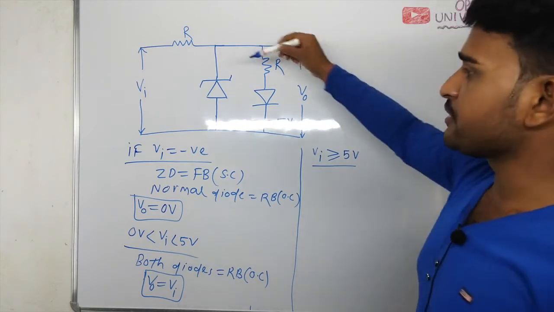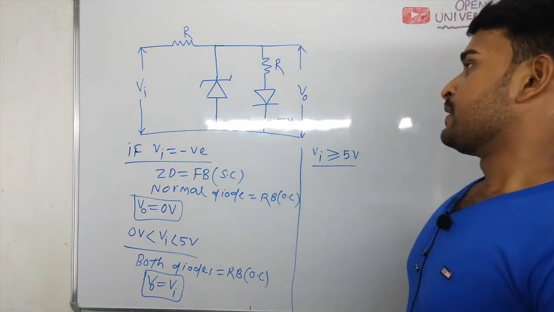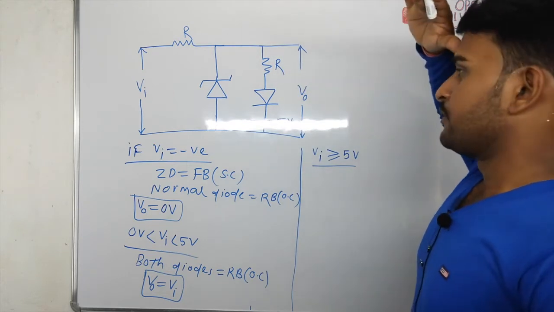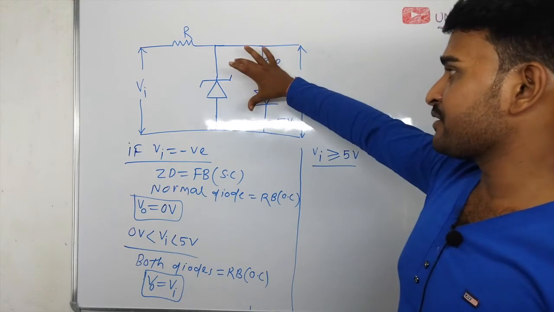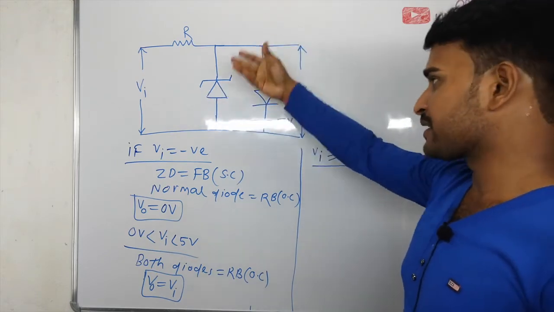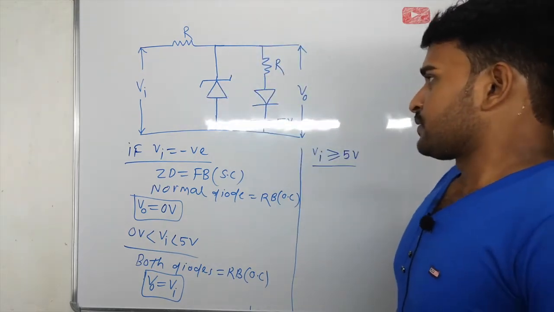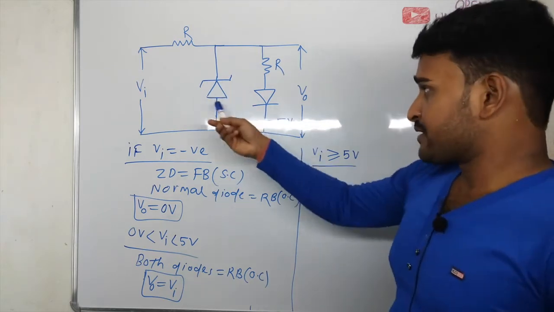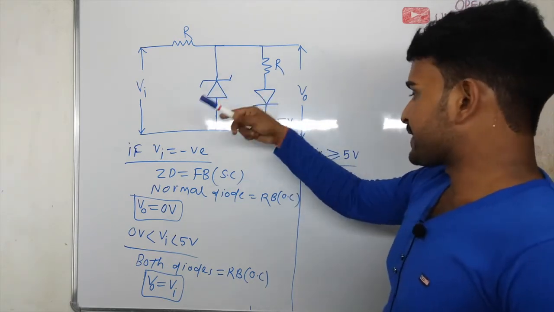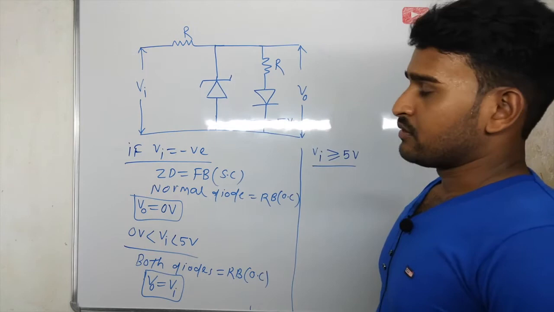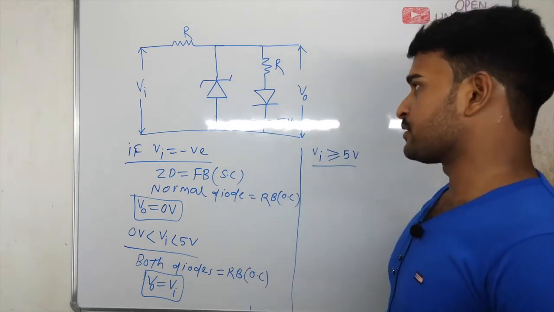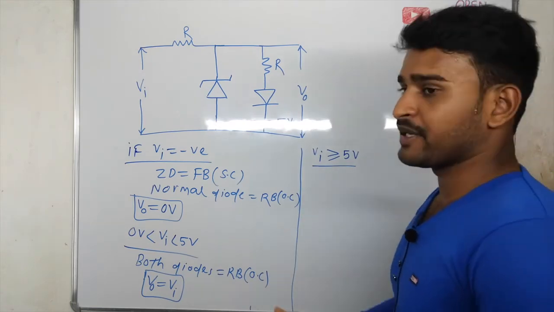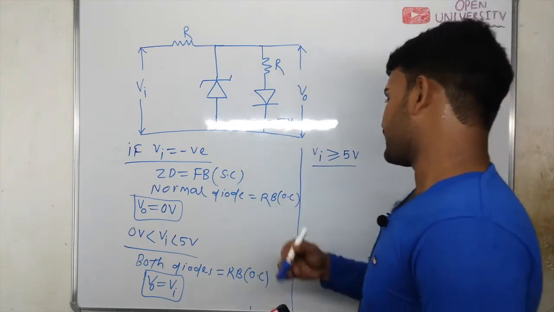And what about the Zener diode? The Zener diode will be reverse biased unless the voltage across the Zener diode, that is VI, exceeds 10 volt, its breakdown voltage. Up to that, the Zener diode will remain reverse biased.